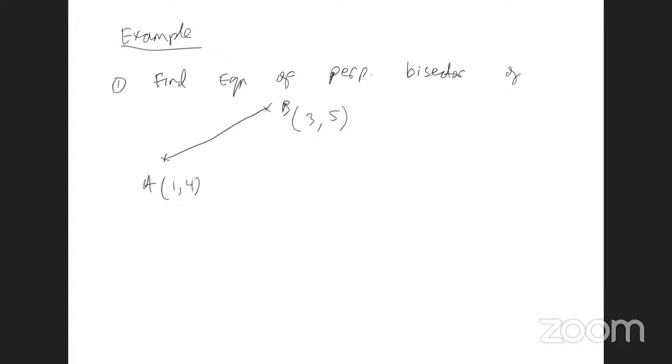Find the equation of that perpendicular bisector. So you're trying to find the equation of the line that will cut through the midpoint and is perpendicular. Go ahead. Follow the steps and try that.